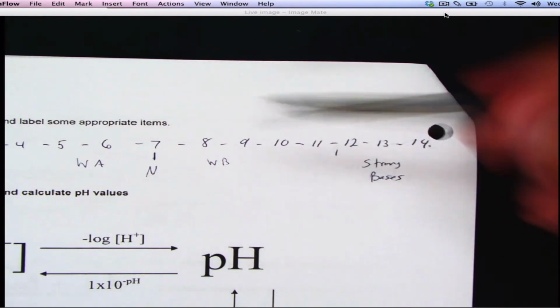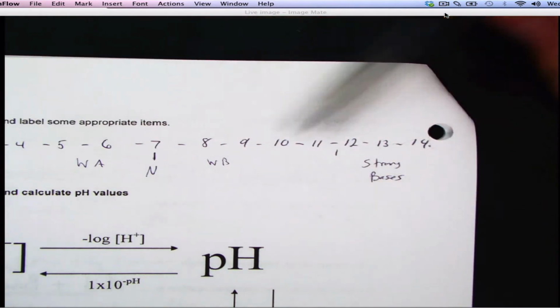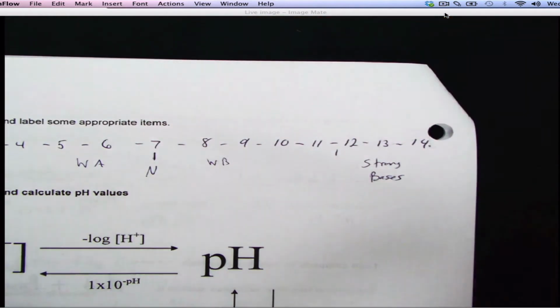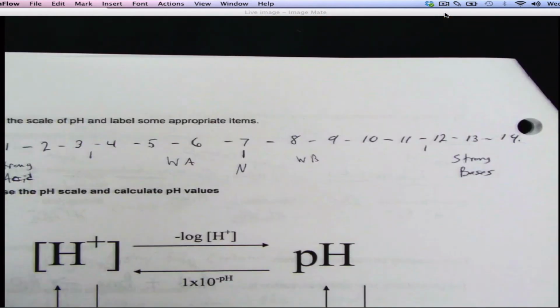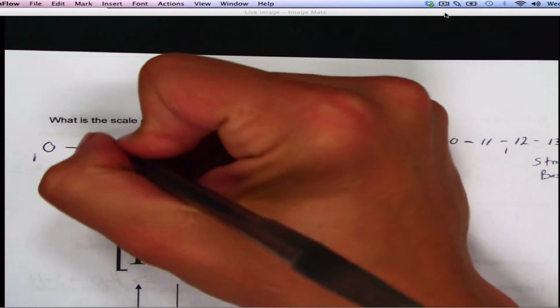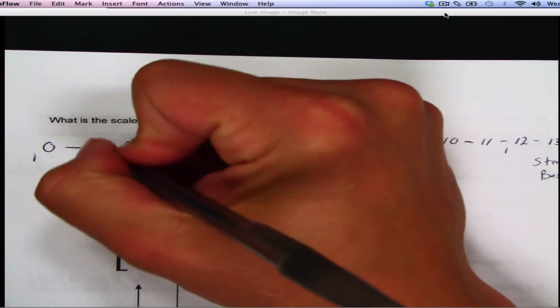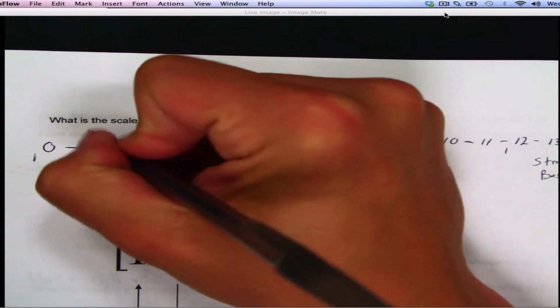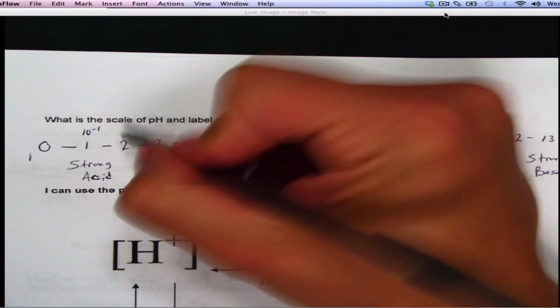The interesting thing about this scale is that for every one you jump on the pH scale, it's actually a log. What do I mean by log? Well, 1 is actually 10 to the negative 1 power.